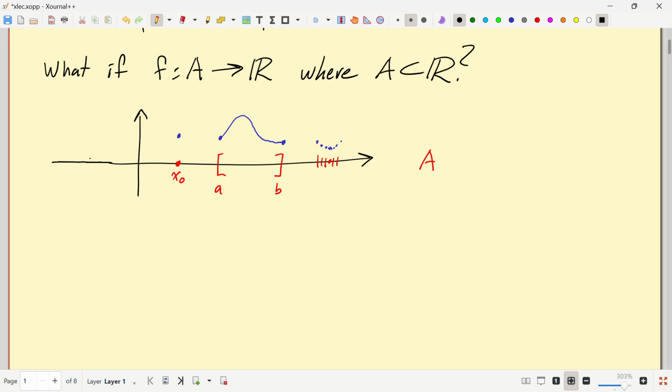That's a closed interval AB. What if I had an open interval CD? C and D are not in the set, so we don't care about what happens there. So for example, something that blows up at the edges here would be permissible. That's continuous on CD. And since the endpoints are not in there, we don't care.